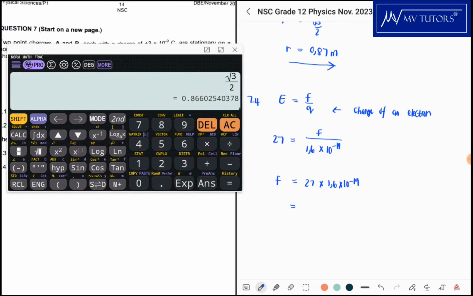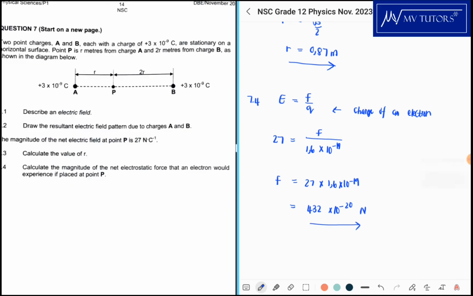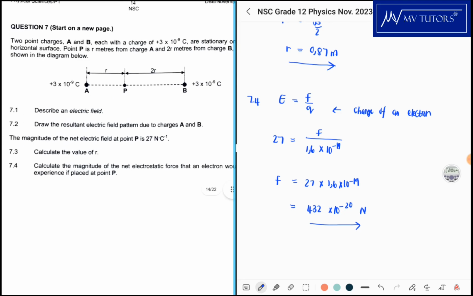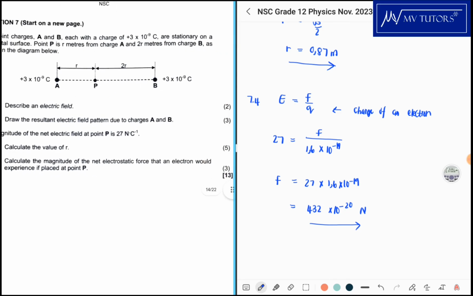If we calculate that, 27 multiplied by 1,6 times 10 to the power negative 19 gives us 432 times 10 to the negative 20. And that's force, so that is newton. And that is it for question 7.